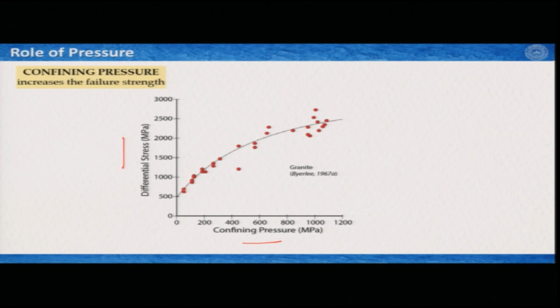These experiments were performed at different conditions, maximum up to close to 1000 megapascals, and lower, maybe 40 or 60 megapascals. So, in this wide range of experiments we see the strength of the granite that Byerlee used increased, and it increased more or less non-linearly. So, the strength increase is not linear with confining pressure.